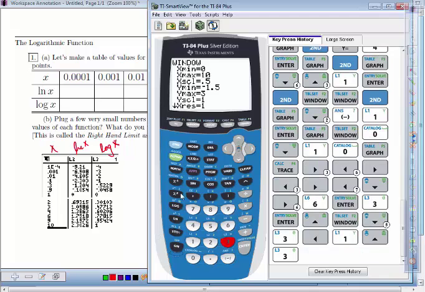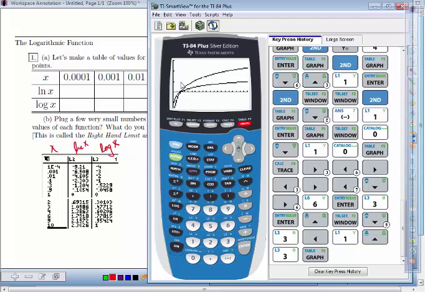So my window is from 0 to 10 in the x, and the x scale doesn't really matter. The y min is negative 1.5 to a maximum of 3. And then let's graph it. And we get a nicer looking picture that we can identify a little bit better.